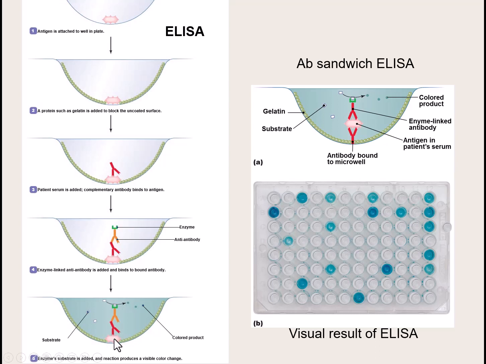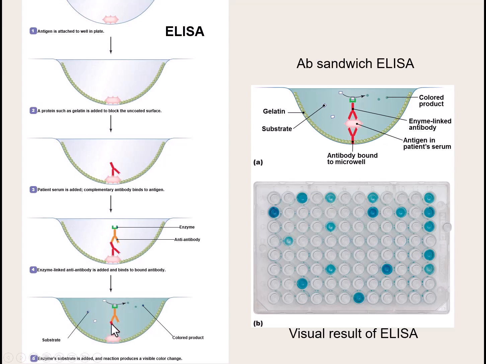Then we're going to add enzyme-linked antibodies. We actually have enzyme-linked antibodies that can recognize other antibodies. They don't recognize any particular specific antibody. They just see the body portion of an antibody, because that's not really specific, and they attach to it.